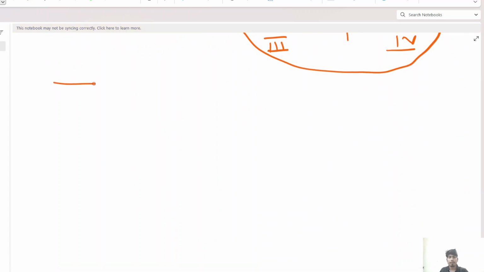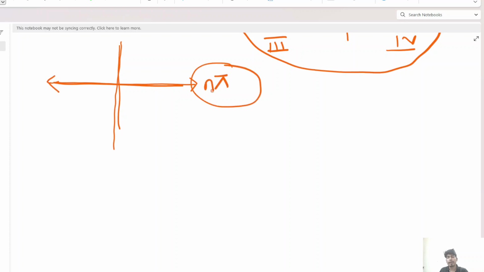This is a graph. This is our x-axis and this is our y-axis. All the integer multiples of pi are on the x-axis and the odd multiples of pi divided by 2 are on the y-axis. Our first remark: sine of pi plus theta.